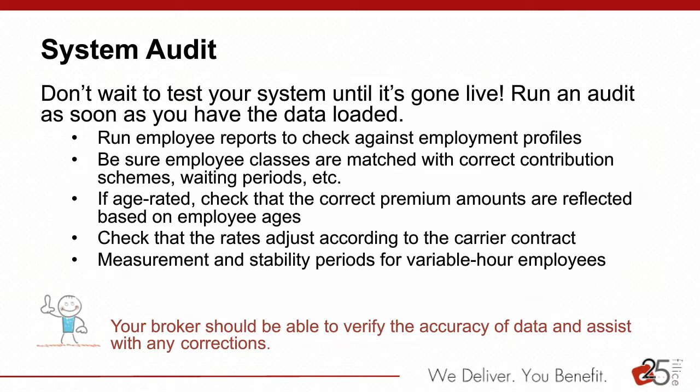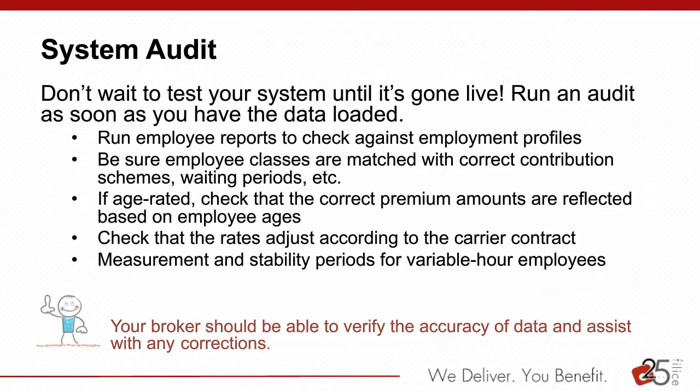Another thing that you have to keep in mind, and something to work with your broker on, is making sure that the system is set up benefit-wise. You want to make sure that the system is set up so that it looks at what the carrier contract says. So if the carrier has the contract that the rate is charged according to the plan contract, it needs to be set up in the system in that fashion.